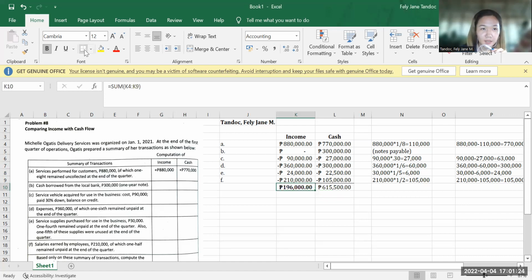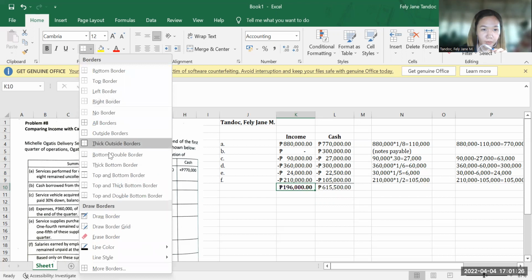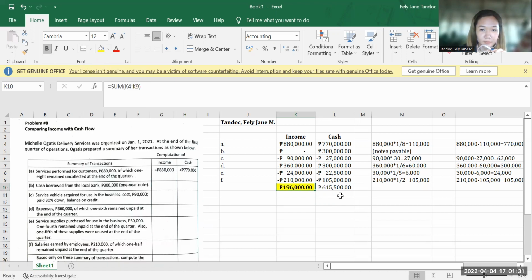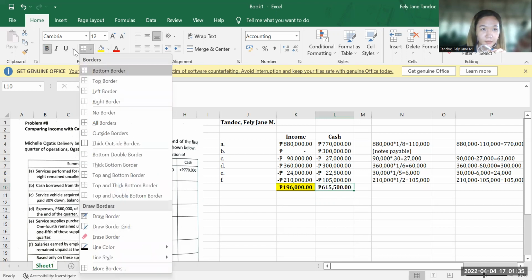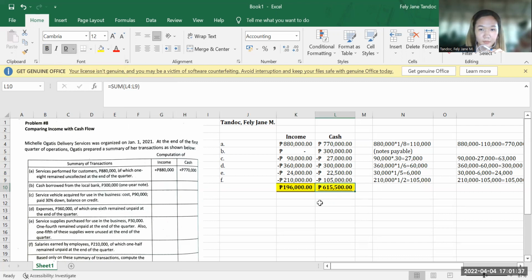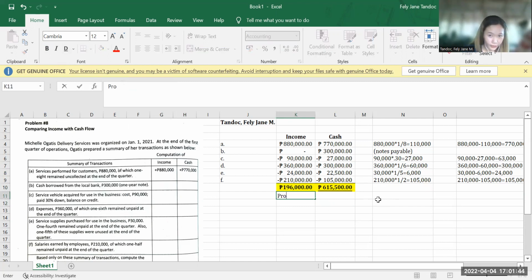This is the profit, and this is the net cash inflow.